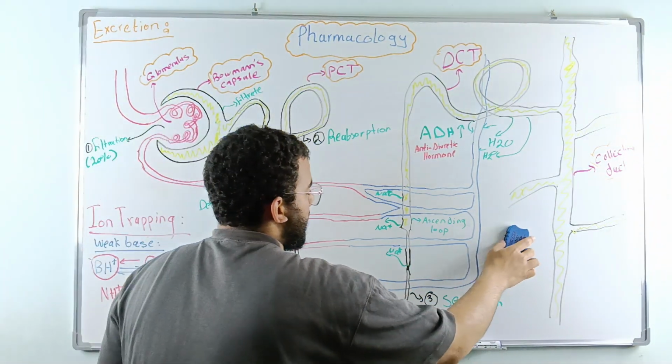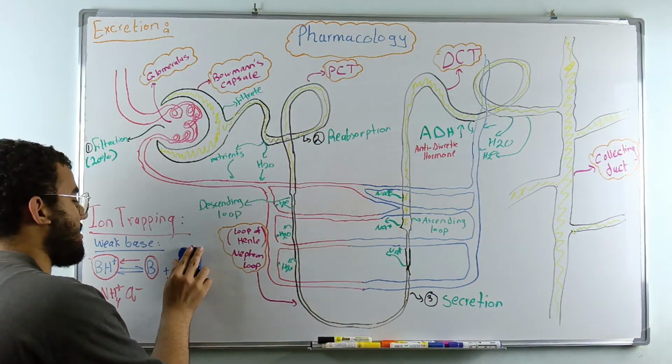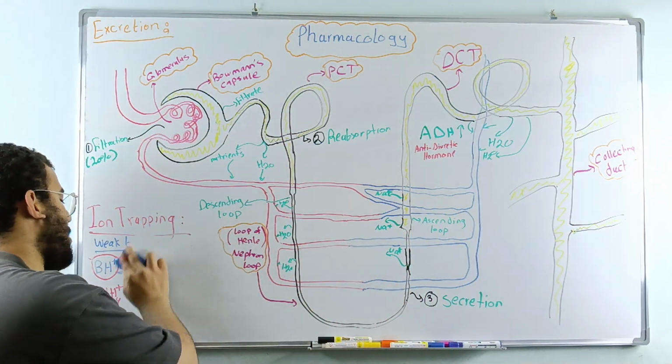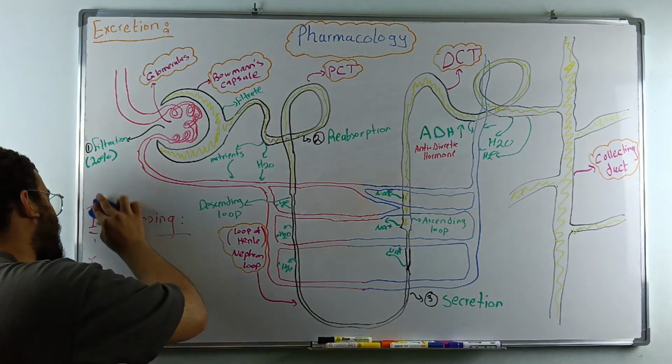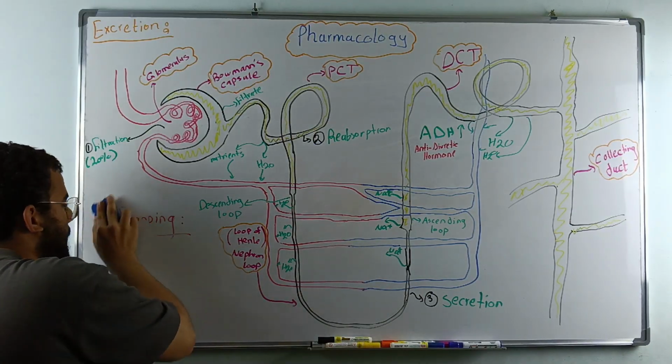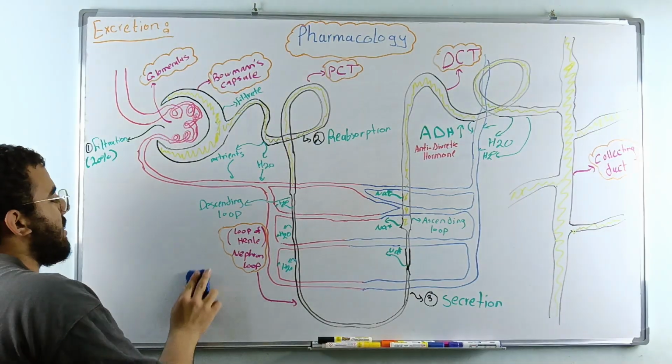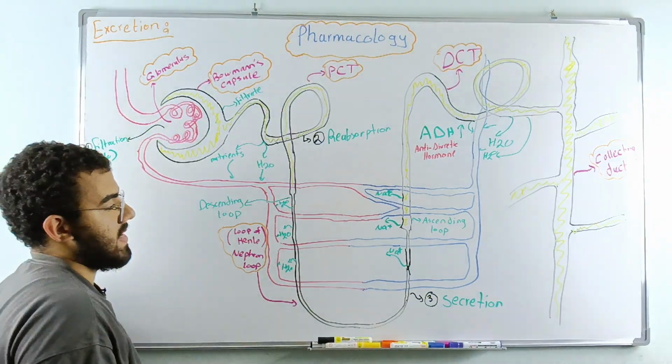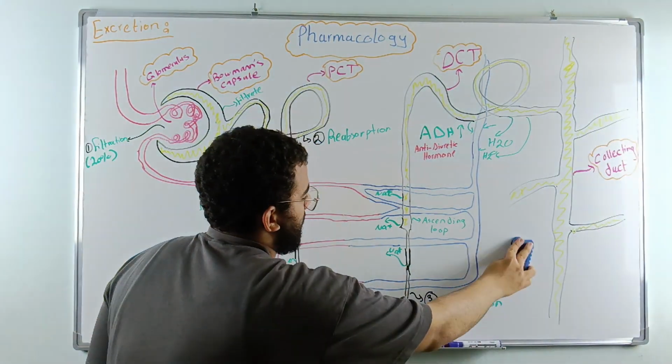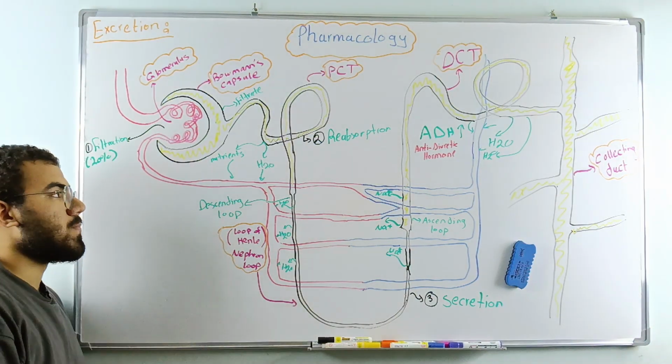This is regarding the reabsorption and the things that you need to understand. Weak bases that this example applies to are amphetamines, like methamphetamine, for example, and weak acids that this example applies to are like aspirin and phenobarbital.